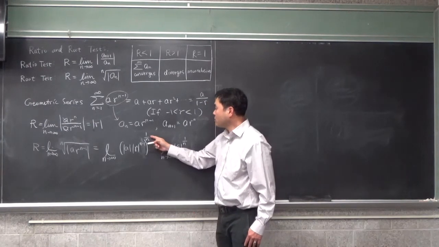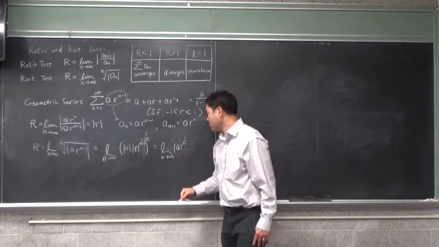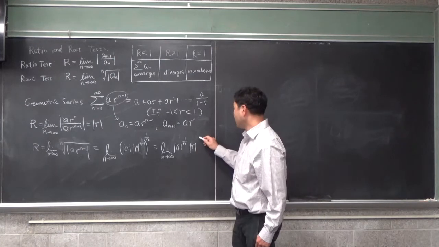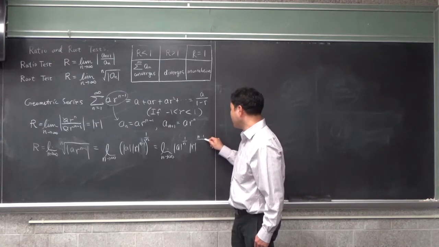And when you have something outside, it gets multiplied to the exponent, right? So you get absolute value of r to the n minus 1 divided by n.